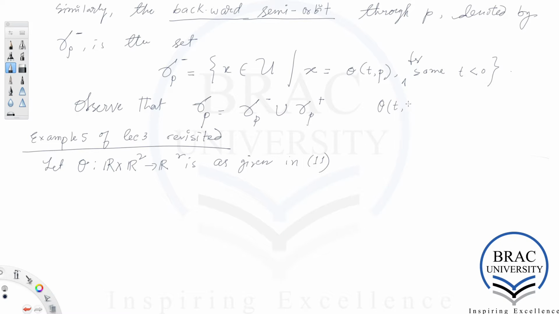Theta of t comma pq is taken to be e to the lambda t, 1 t 0 1, times pq, for all t, p, q in R. So that was equation number 11.